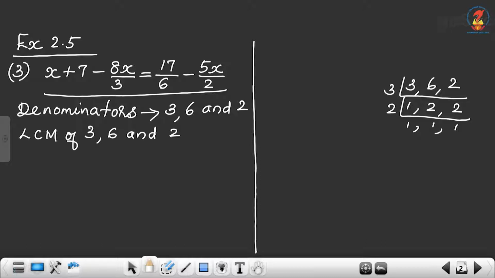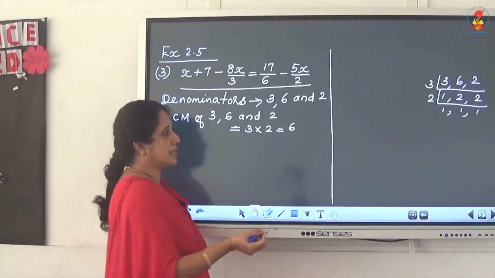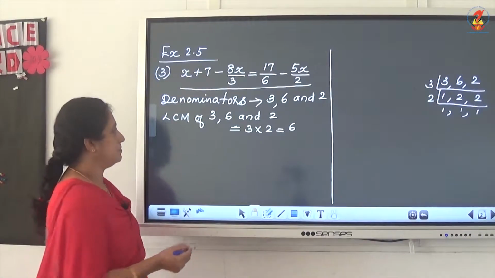So the LCM of 3, 6 and 2 is equal to 6, because 6 is a multiple of 3, 6 and 2. So it is the least common multiple. If you are not getting the answer directly, use the division method to find the LCM.